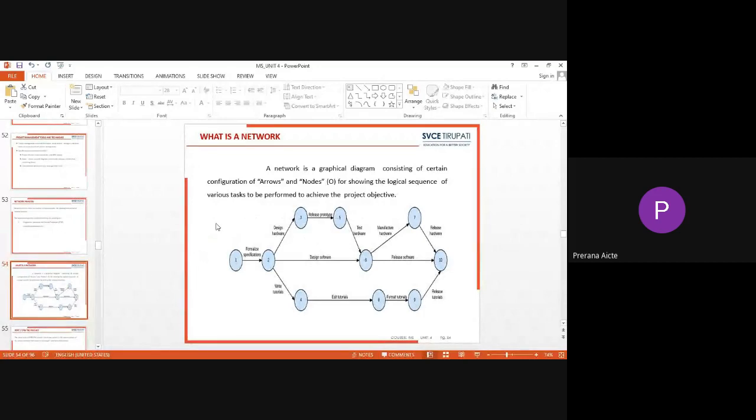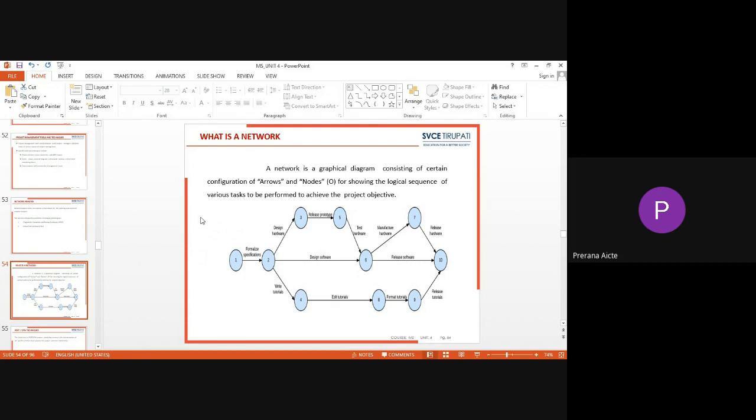Now, in this particular example, you can see the basic definition for a network. First of all, let us understand what is meant by a network. A network is a graphical diagram consisting of a configuration of arrows and nodes for showing the logical sequence of various tasks to be performed to achieve the project objective.